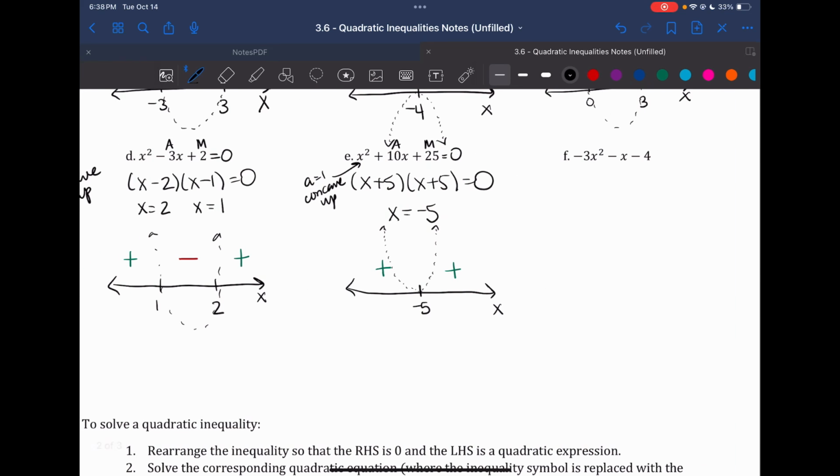One more of these, set it equal to 0. For this one, since there is a value out front, polysmelt would probably be the better option unless you are able to guess and check or just figure out those two factors. But I recommend it any time A is not equal to 1.